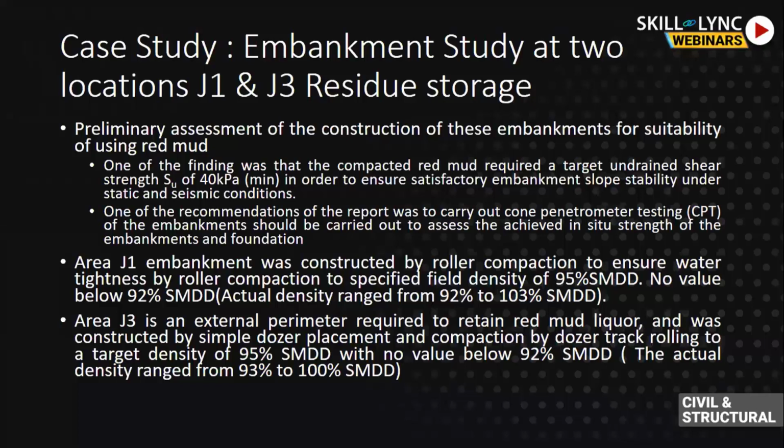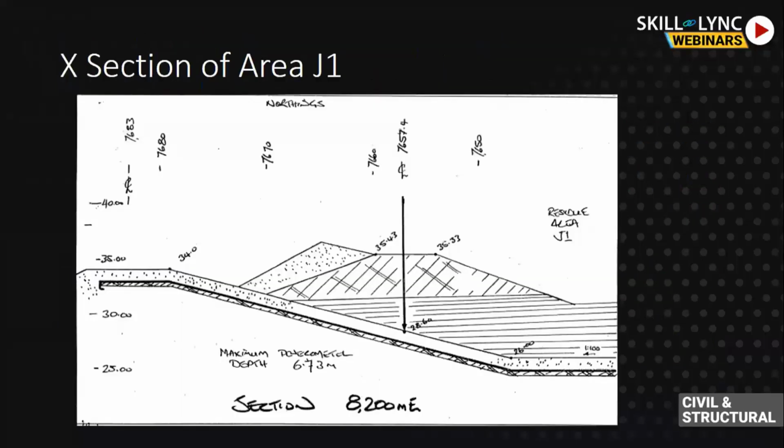As part of this study, there was a recommendation to carry out cone penetrometer testing of the embankments to assess the in situ strength of the embankments and the foundation. This is the cross section of area J1. In area J1, the compacted red mud is referred to as very stiff clay.